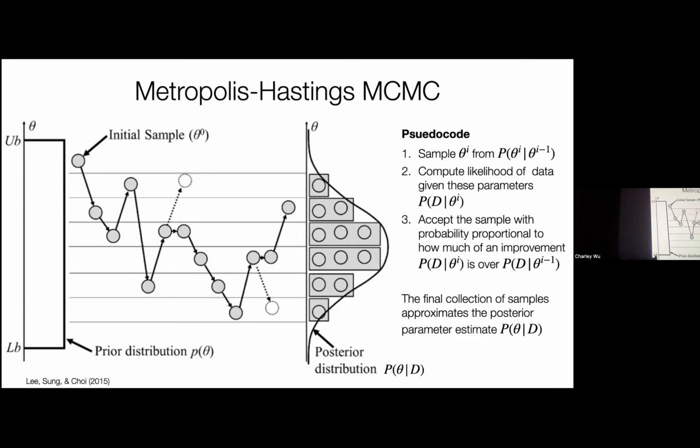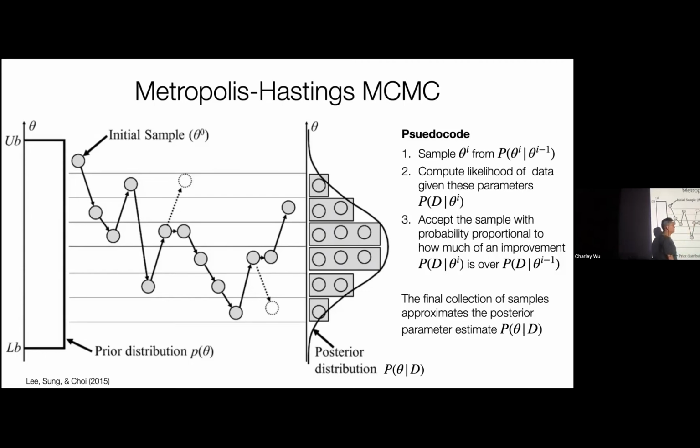It's conditioned on the previous sample, and it's a probability of the new sample. One very simple approach to do this is to add some noise to the previous sample. We can add some Gaussian noise, but there are other possible transition distributions as well. So imagine we add some noise to this, we get this new sample here.